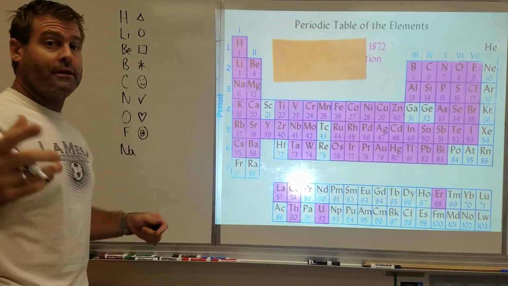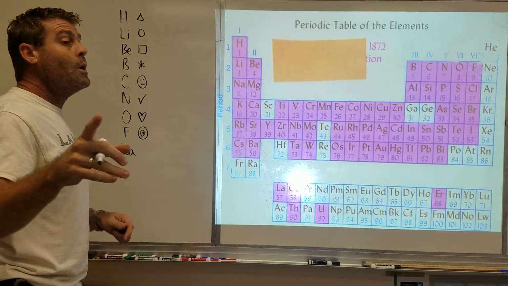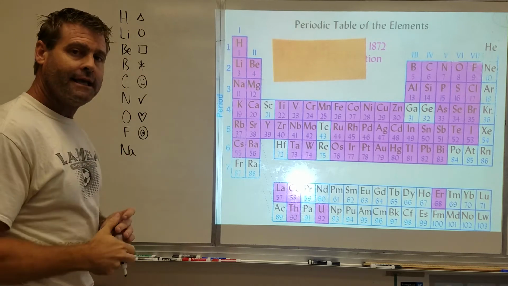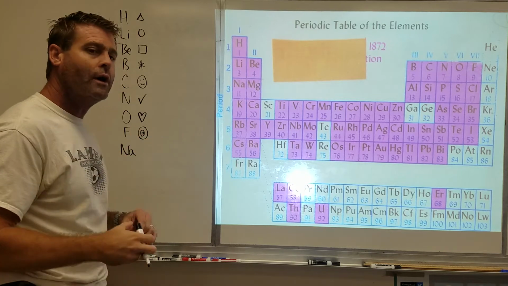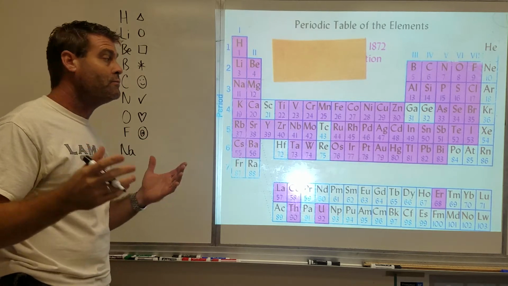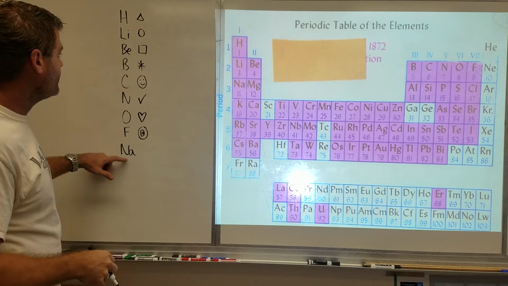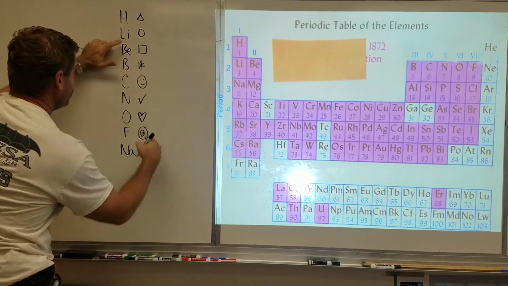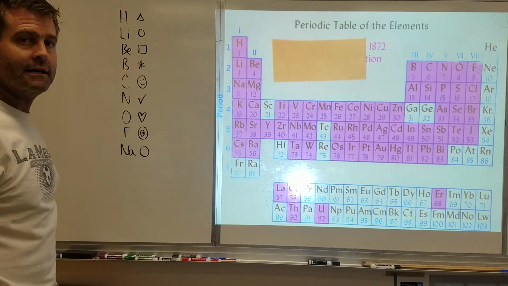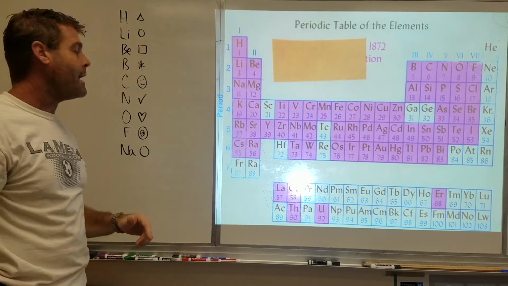I know some people are probably thinking, okay, what kind of symbol could we put now? Well, he said, oh, wait a minute. He studied the properties. He saw how it reacted with certain things like oxygen and others. He's like, oh, that is remarkably similar to, what do you guys think? He found it was remarkably similar to lithium. So what am I going to do? I'm going to give it that corresponding shape, kind of representing the chemical properties of that element.